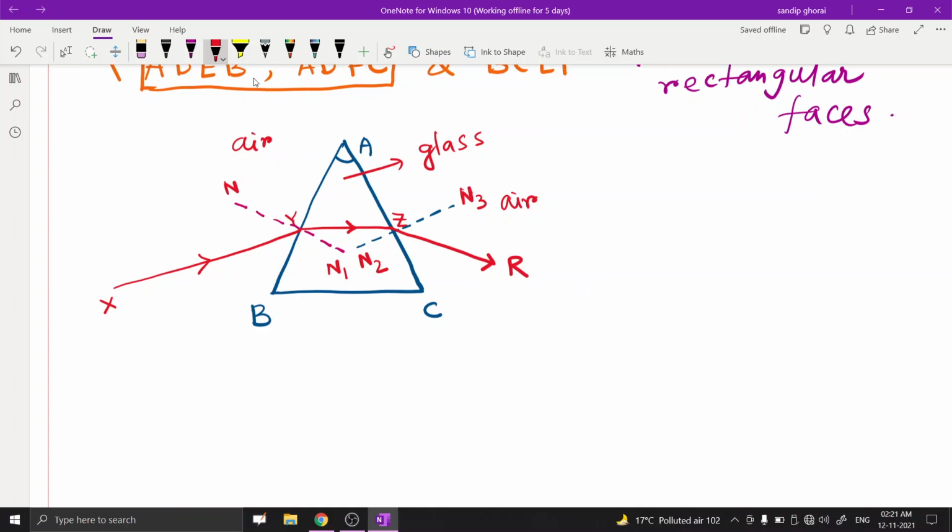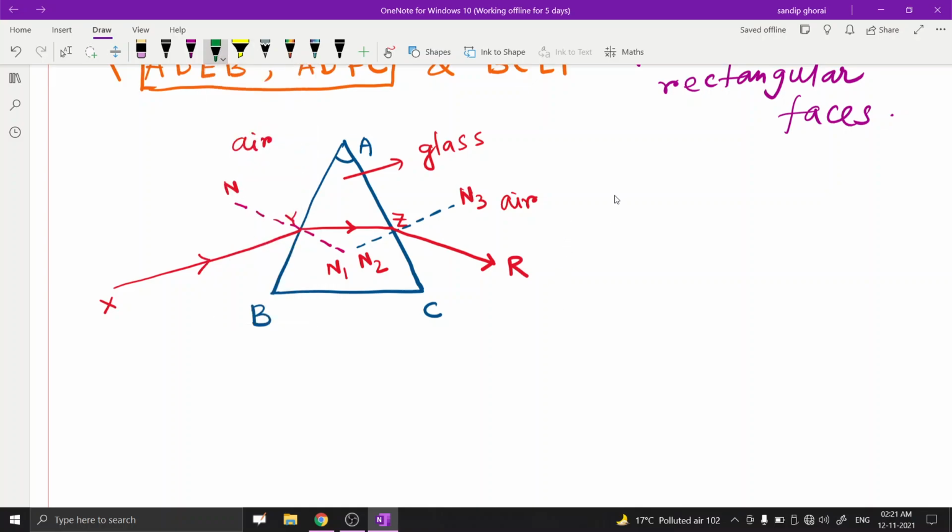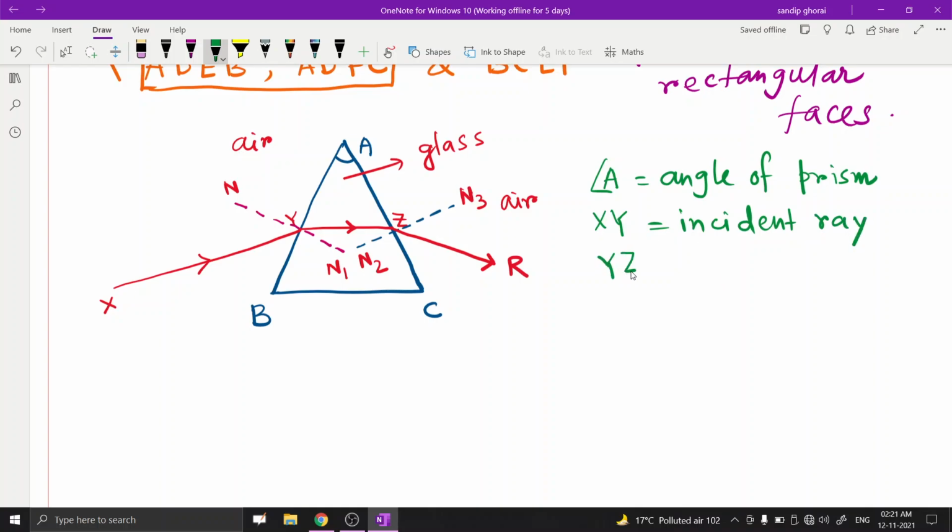If we name them, angle A is the angle of prism, XY is the incident ray, YZ is called the refracted ray, and ZR is the emergent ray.